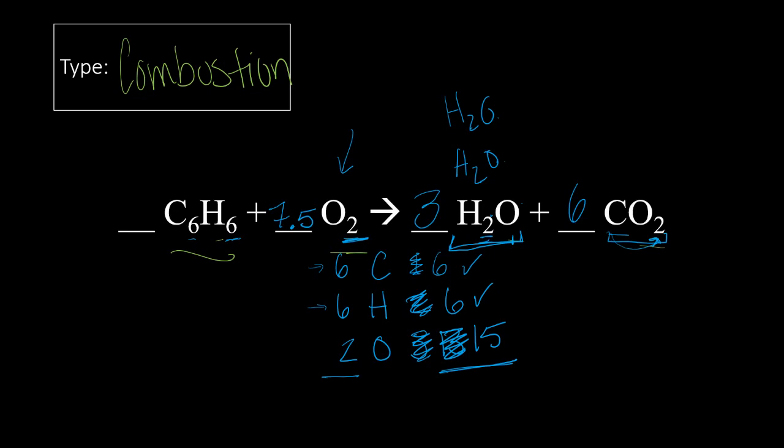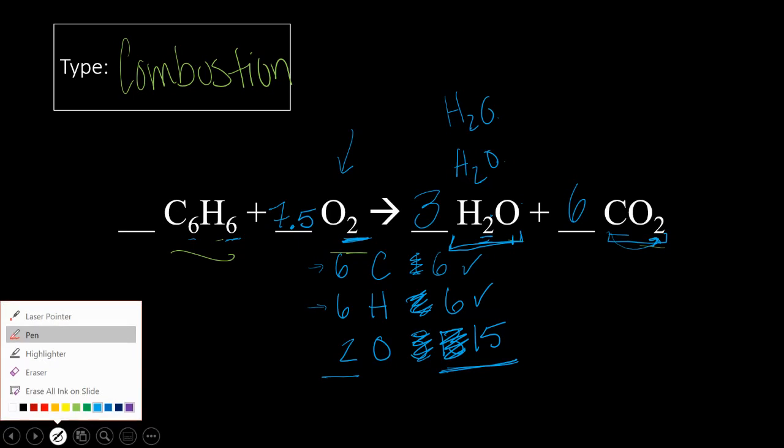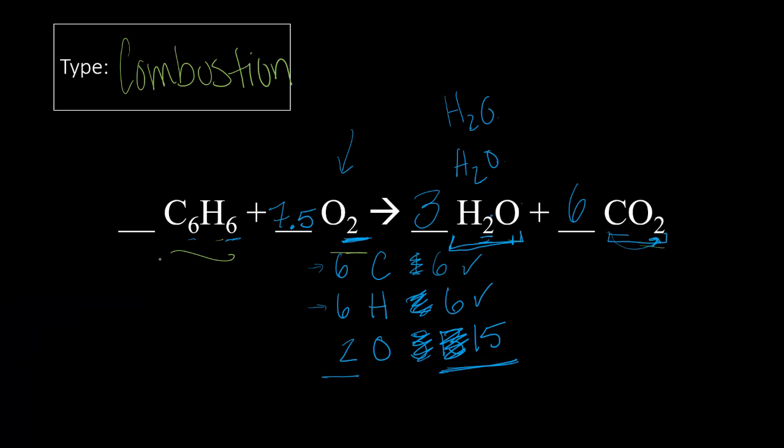So when this scenario occurs, when I have this coming in pairs and this being an odd number, I have to adjust this ratio. And remember, this is just a ratio. That's all it is. So what I'm going to do is take each coefficient, and in order to make this even, I'm going to multiply by 2. I'm going to multiply each of them by 2.